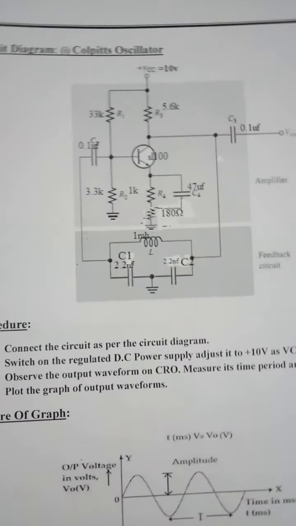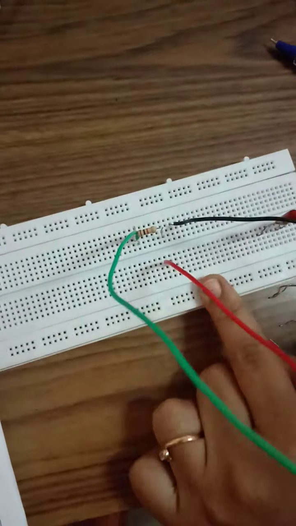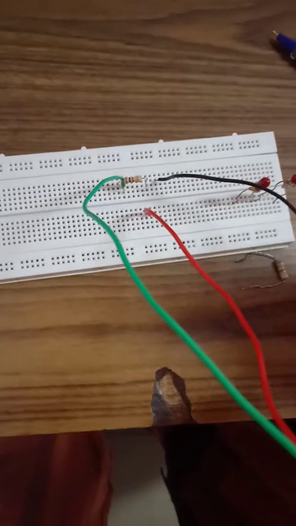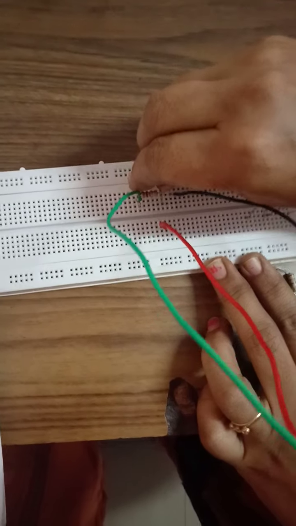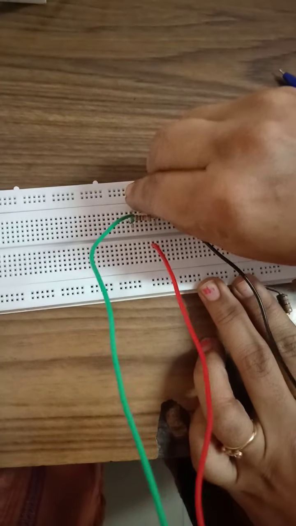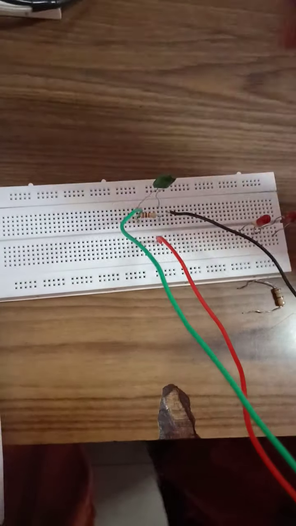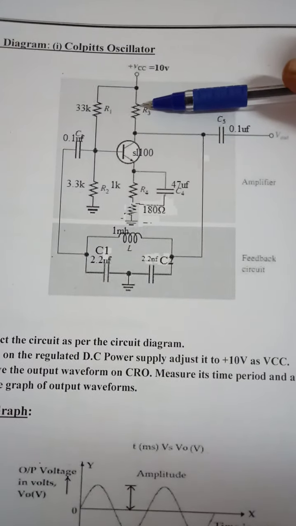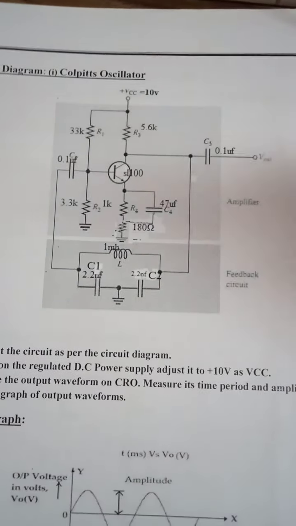To the emitter I will connect a resistor. Then I will connect a 47 microfarad capacitor across this resistor, that is in parallel with this resistor. Then I will connect a 5.6 kilo ohm resistor across the collector terminal of the transistor, and the other terminal of the resistor is connected to the VCC.